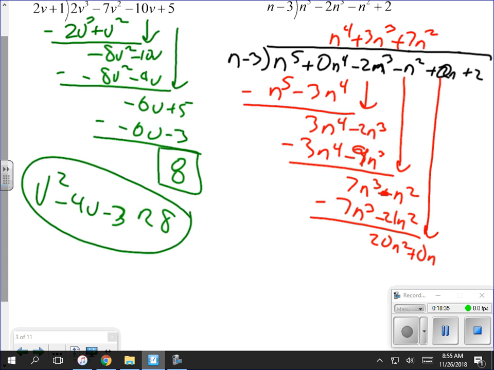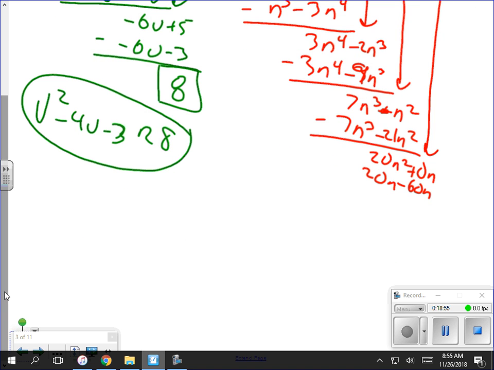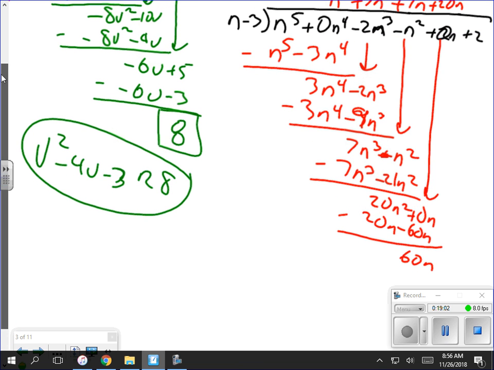Wash, rinse, repeat. N goes into 20n squared. 20n times, and I get 20n. 20 times negative 3 is negative 60n. Subtract, I get 60n. Bring down my 2.